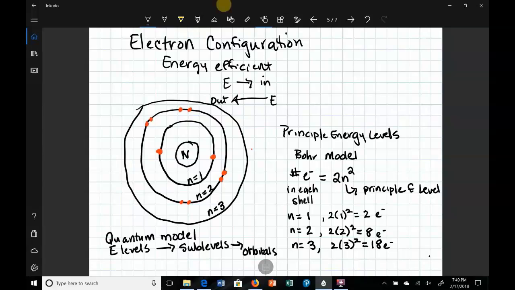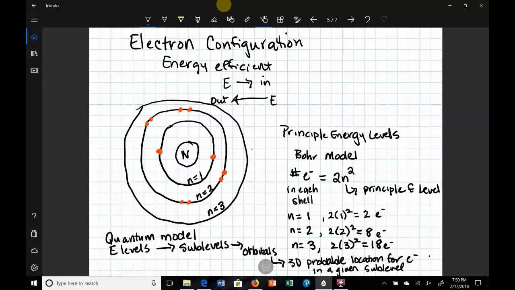Now, mind you, the electrons will be found within the orbitals, which is a probability in space where electrons would be located. So it's a three-dimensional probable location for electrons in a given orbital, or in a given sublevel.